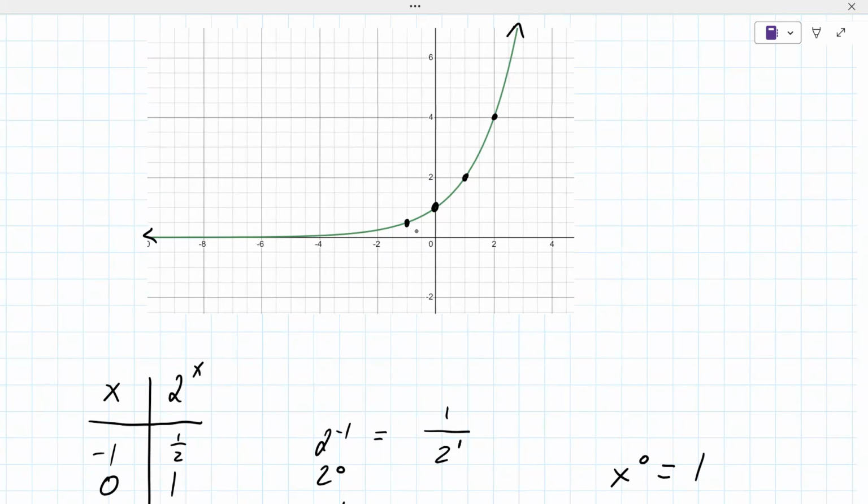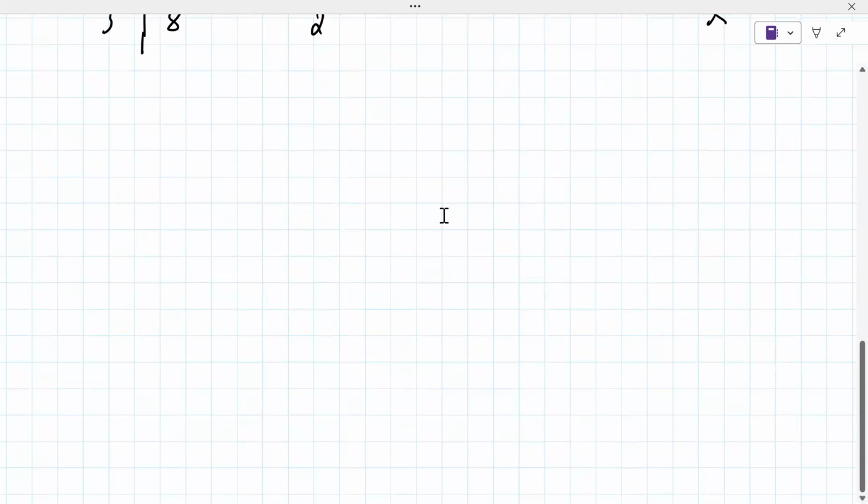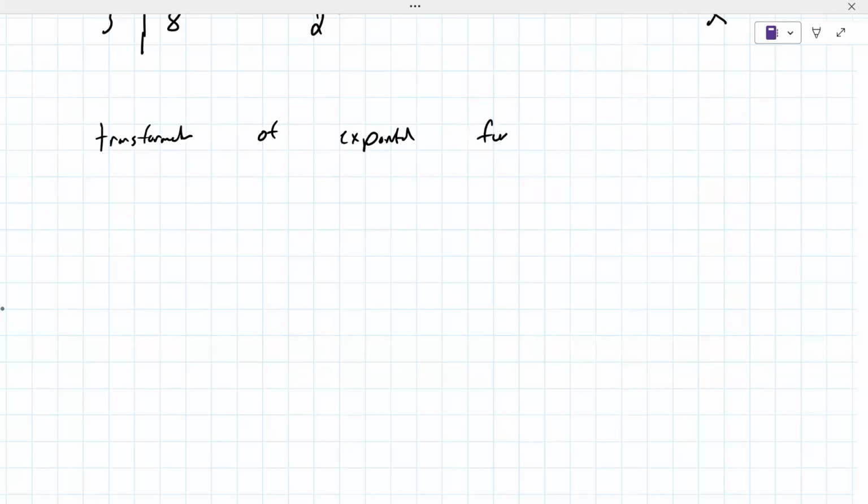Okay, so that's kind of one direction we could go with this, doing some transformations of exponential functions. We could also do what are called solving of the exponential functions.